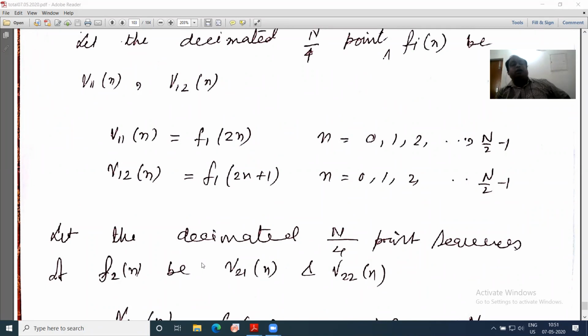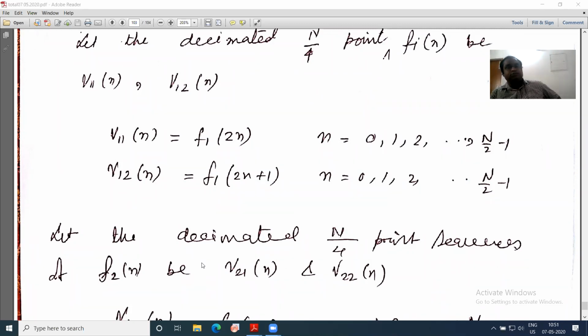Okay, so v11 of n equal to f1 of 2n and v12 of n equal to f1 of 2n plus 1. These are the two more decimations. So in this step we are now developing n by 4 point DFT and trying to relate this with n by 2 point DFT. Previously, I tried to relate the n point DFT to the n by 2 point DFT using the equation x of k equals f1 of k plus wnk f2 of k.